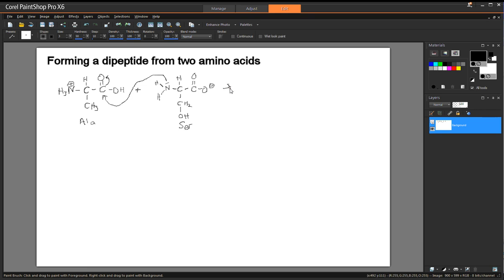And so our first intermediate here is going to be nothing much happening to this end of the molecule. We still have the protonated amino group here, and as I said, nothing at all happening to the side chains.